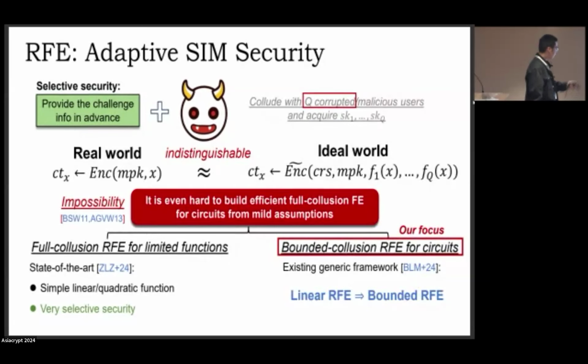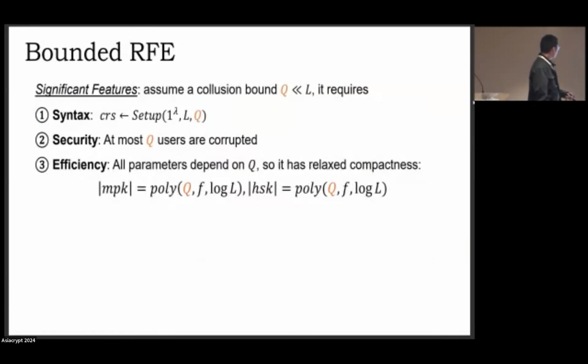This work mainly focuses on the second direction, bounded collusion RFE for circuits. Branco et al. have already given a generic framework for bounded RFE. Bounded RFE has several significant features.